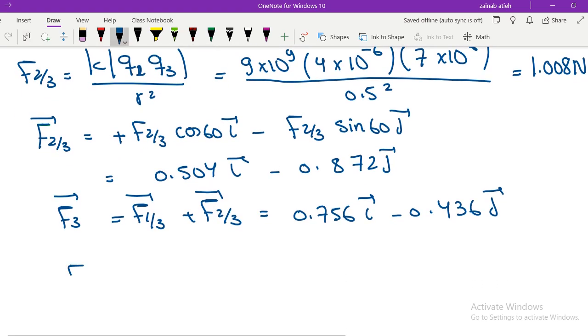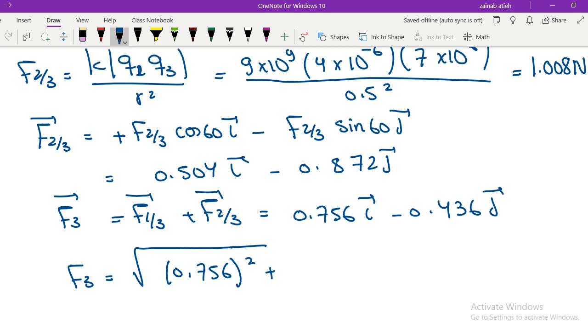If I am finding the magnitude of F3, it is simply the square root of Fx squared plus Fy squared. It is 0.756 squared plus 0.436 squared. You will get 0.872 Newton.